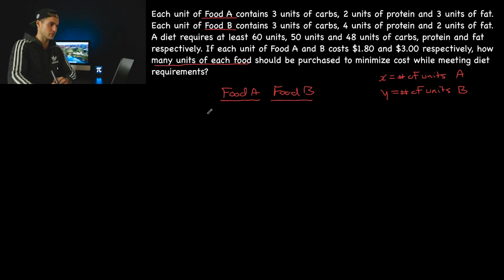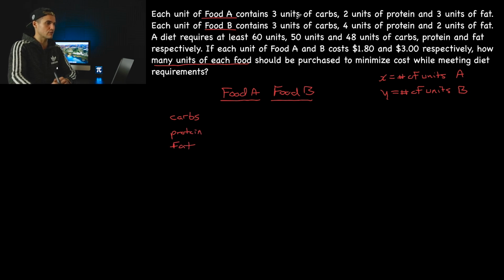It's a lot more visually appealing and it's a lot easier to look at versus going through the paragraph throughout the whole question. So, okay, we got food A and food B, and we're told information about each of these foods with the number of units of carbs they have, protein, and fat, like that.